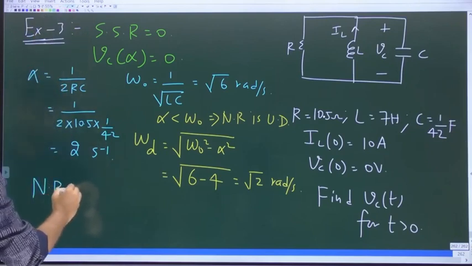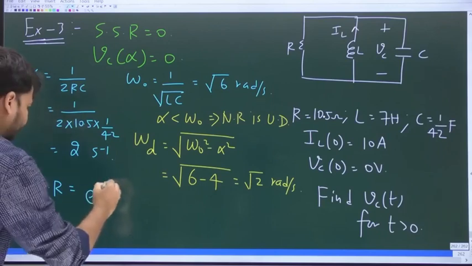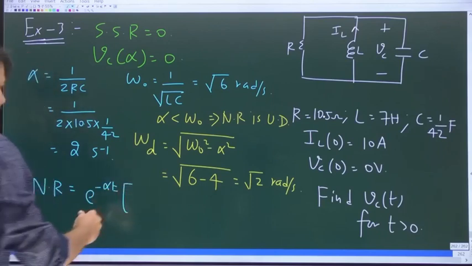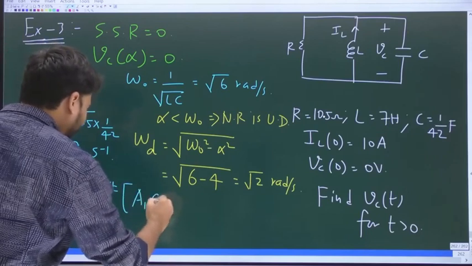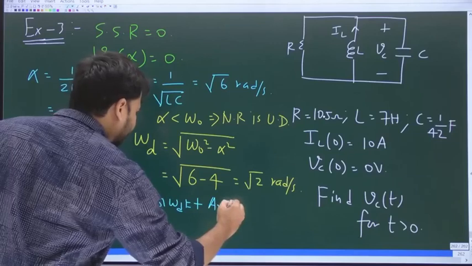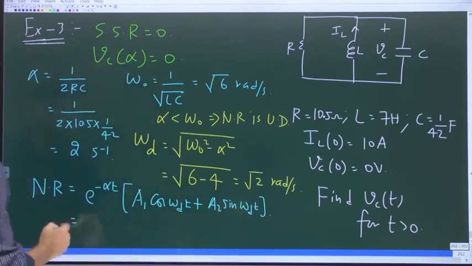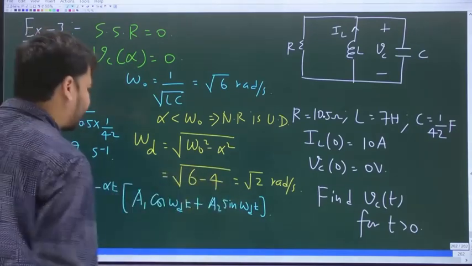You know, for underdamped natural response, the natural response will be of the form e power minus alpha t times a1 cos omega d t plus a2 sin omega d t. We have the value of alpha, we also have the value of omega d.